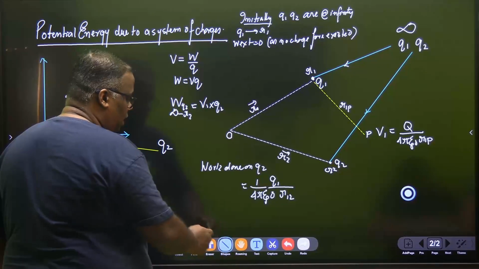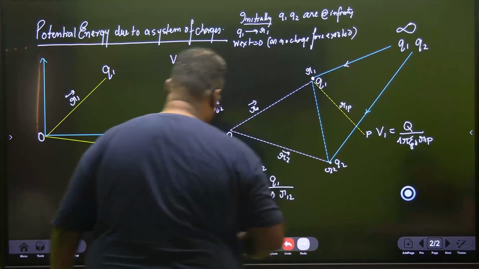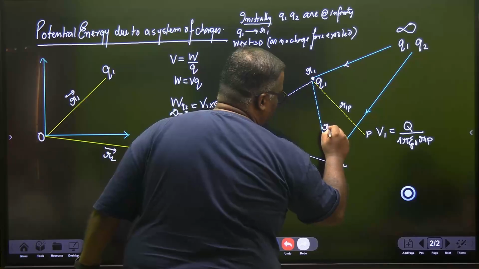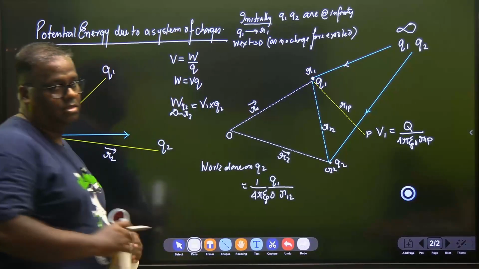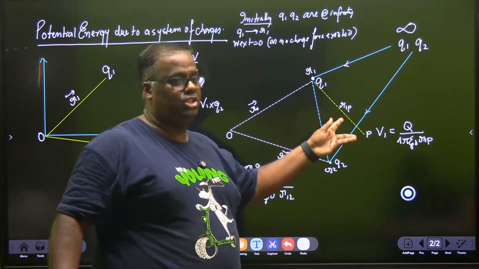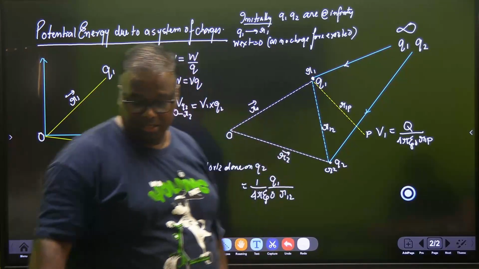Okay, what is R12? R12 is this. This was just an arbitrary explanation. Any point you take, make your diagram, then I'll explain.